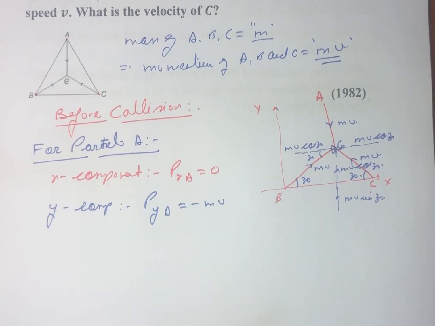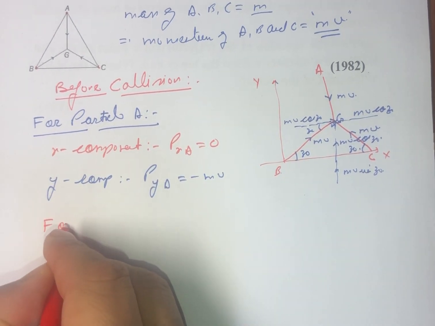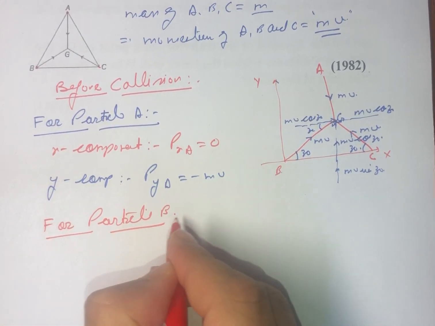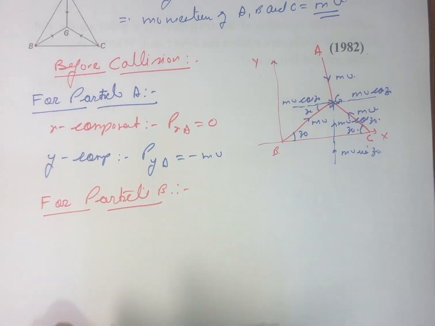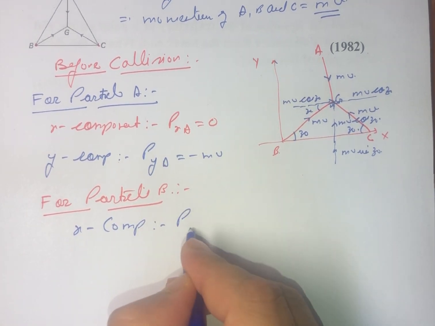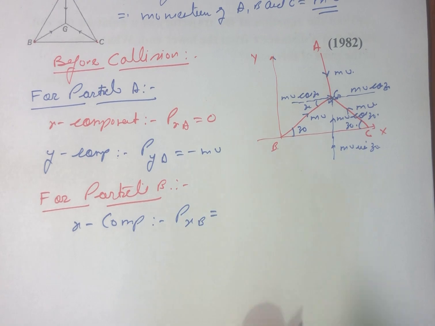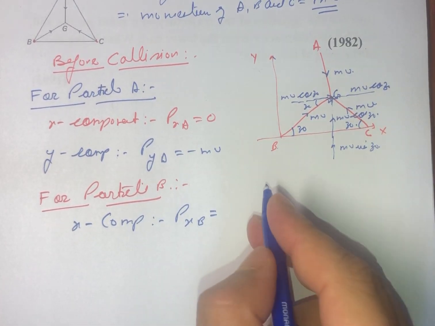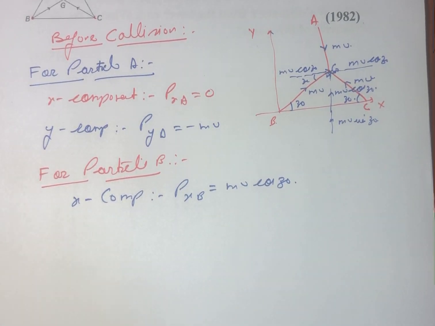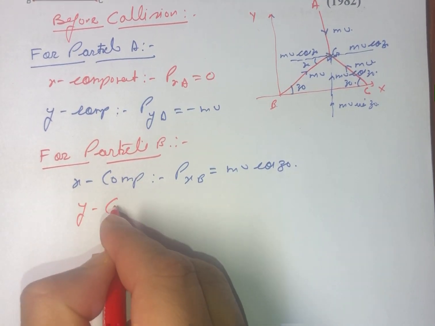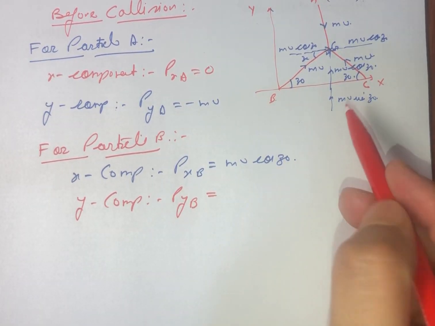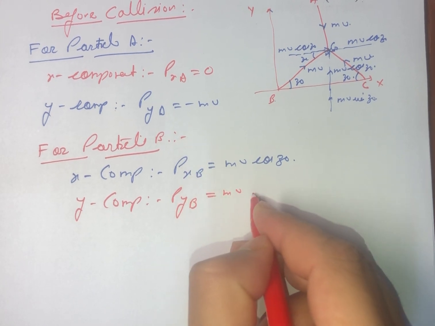Next we can write for particle B. For particle B, we get the x component pxb, which is mv cos 30, and its y component will be pyb, and that will be equal to mv sin 30.